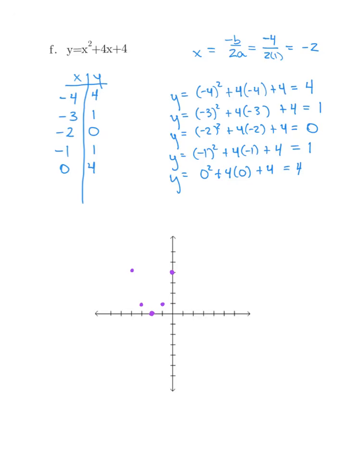And 0, 4 is on the y-axis going straight up 4. We can go ahead and graph. And it should look roughly like that.